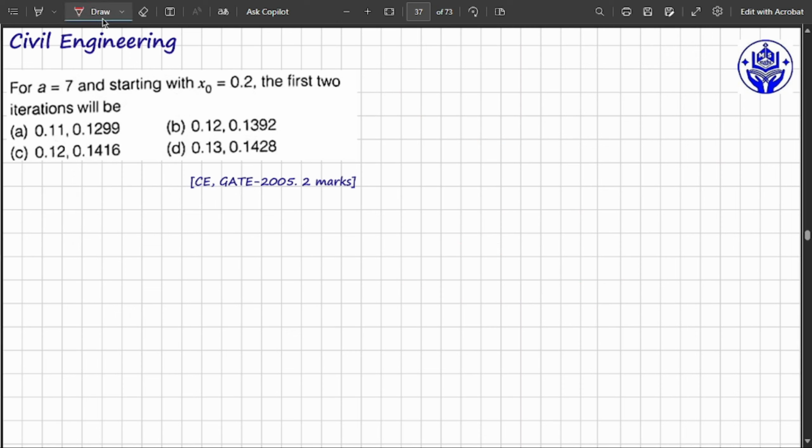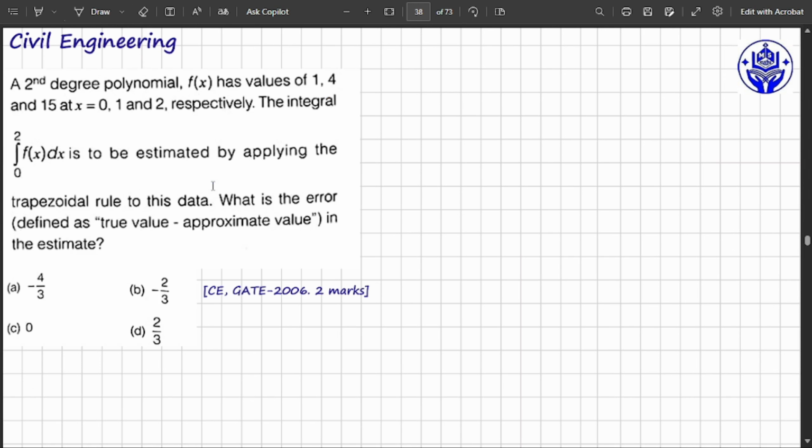Next one is for a equals 7 and starting with x0 equals 0.2, the iteration will be for what? The question is incorrect here. This is the mistake in this question.